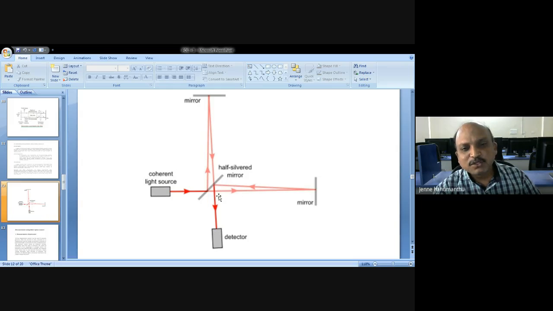So the point is, how do we get the maximum brightness? There is a theory regarding this.